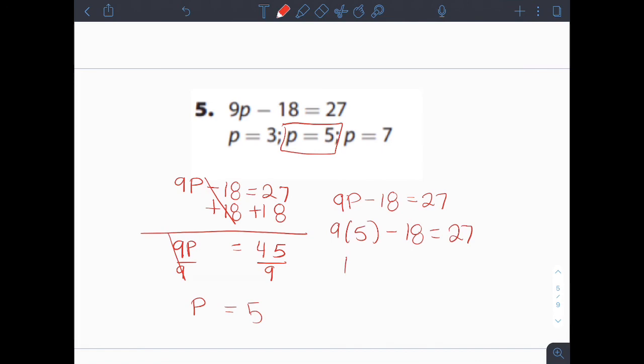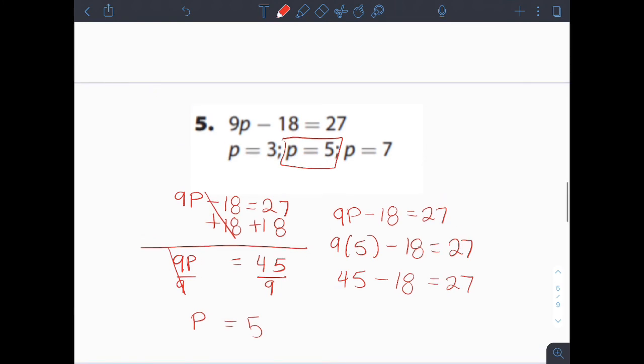I know that 9 times 5 is 45, minus 18. 45 minus 18 is 27, and 27 equals 27, making my statement true. So for question number 5, p equals 5.